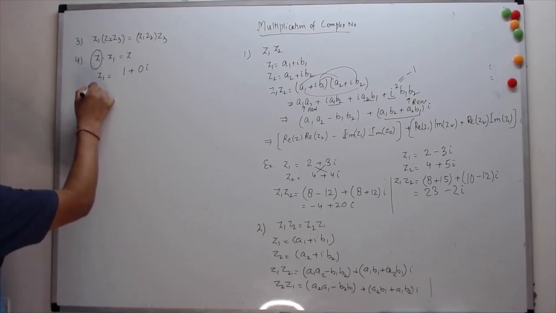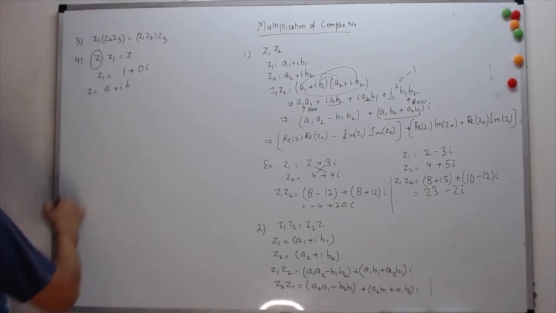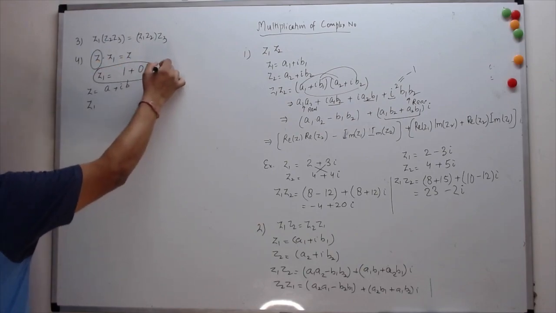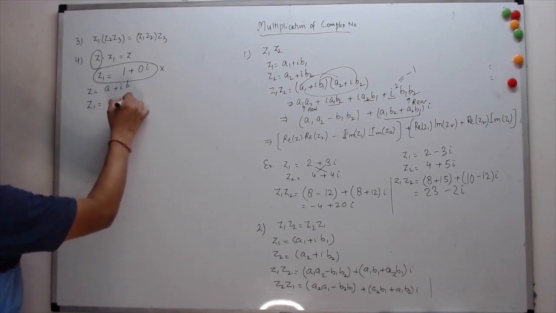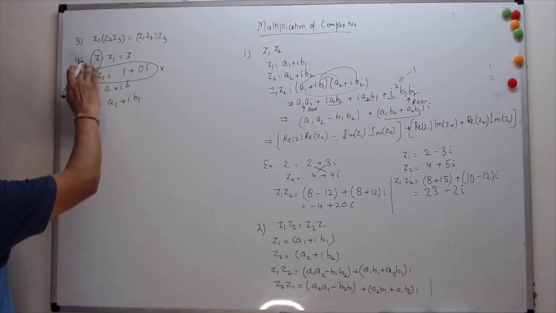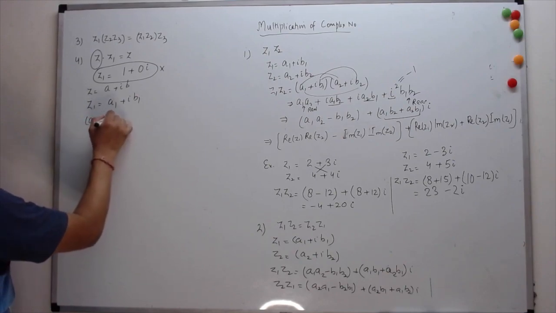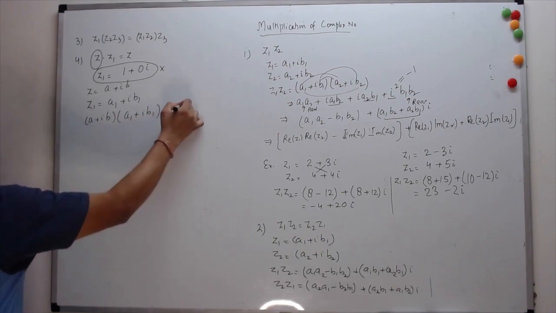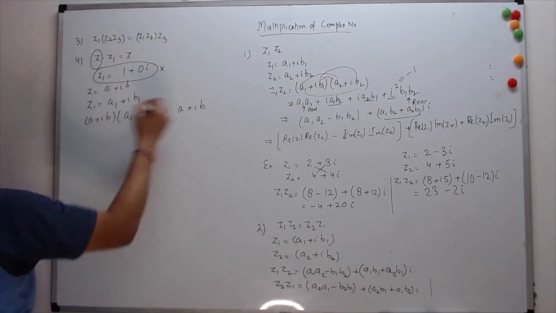So you can take z as a plus I times b. And let's say z1, we don't know what z1 is, we haven't concluded this yet, is a1 plus I times b1. And what we are saying is the product of z, which is a plus I times b, with a1 plus I times b1 should give you the same value a plus I times b.